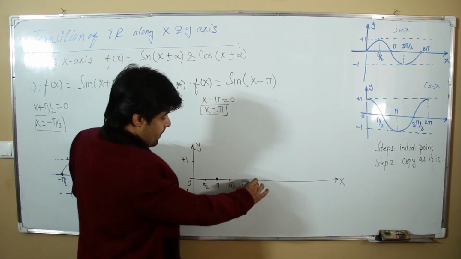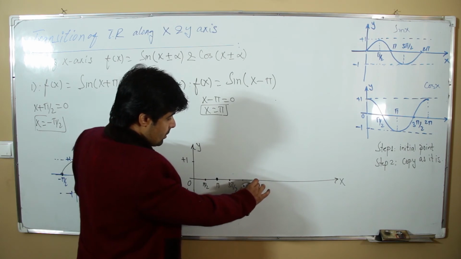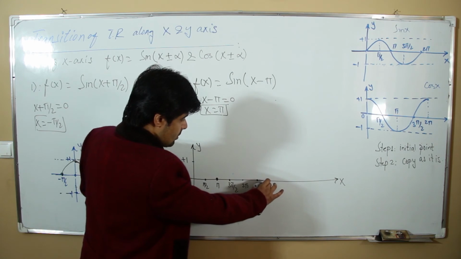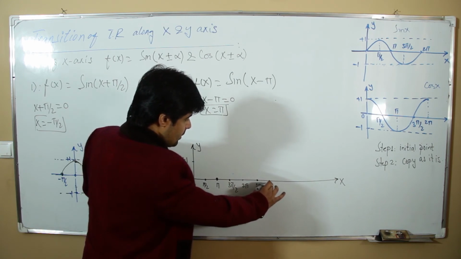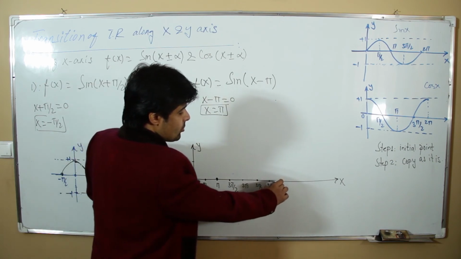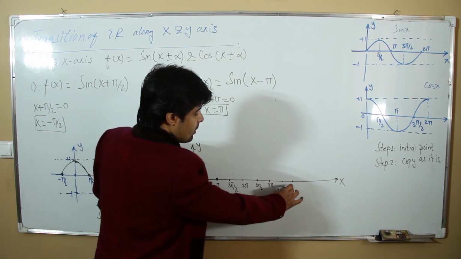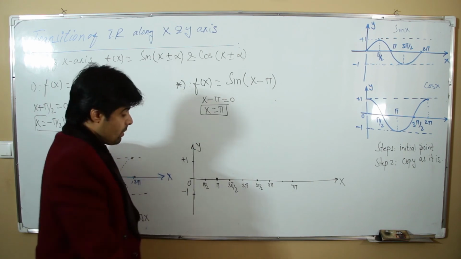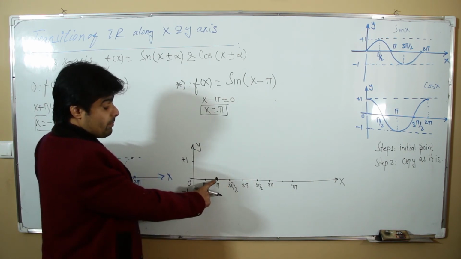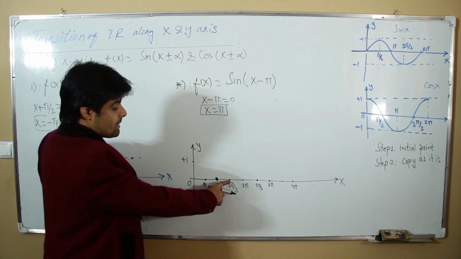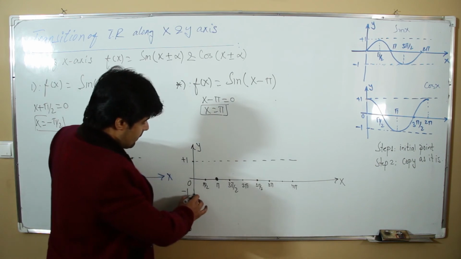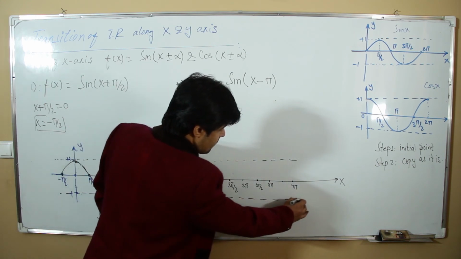Let me have some more points. This is 5 pi by 2. This is 3 pi. Am I right? 2 pi, 2.5 pi, 3 pi, 3.5 pi, 4 pi, like this we have. Now it starts from 0. If this one starts from pi, the next point, this is our positive 1 line, this is our negative 1 line.